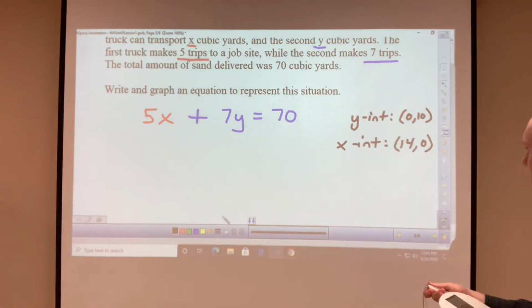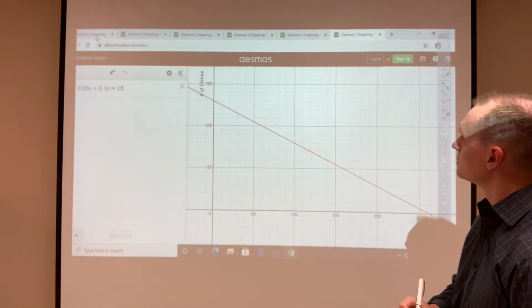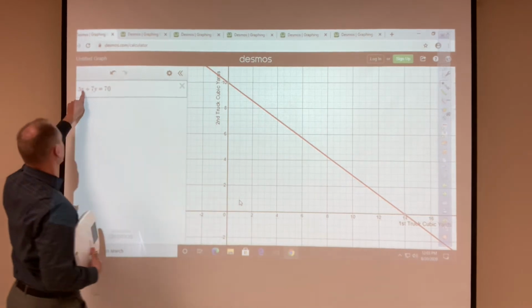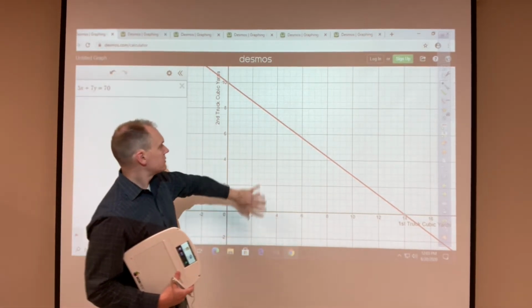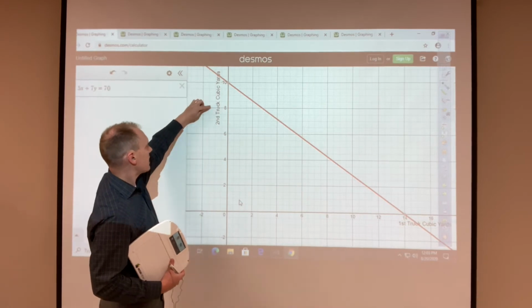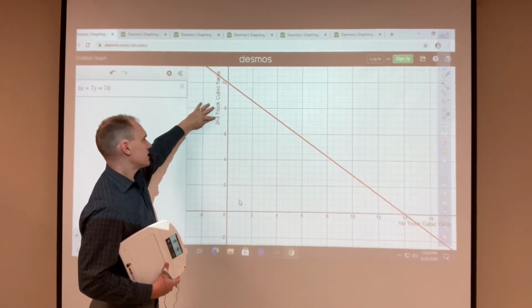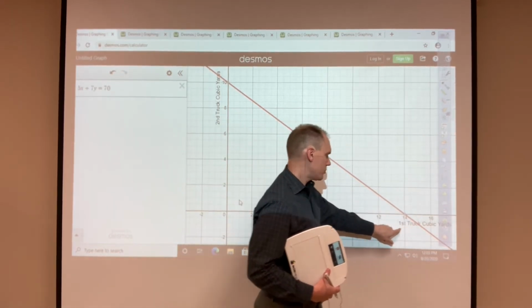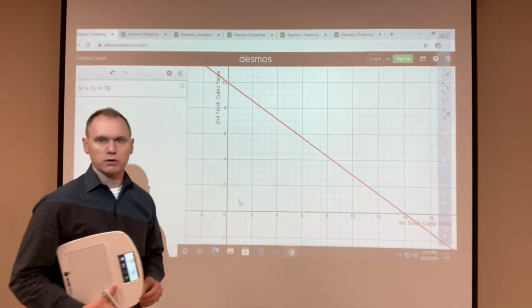So if we look at the graph here, you can see my equation up here, 5x plus 7y equals 70. I've defined my x and y axes. The y-axis is the number of cubic yards that the second truck took per trip, and the x-axis here is the first truck's cubic yards per trip.